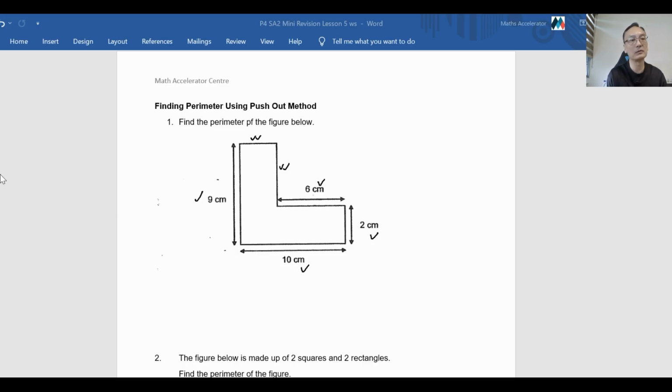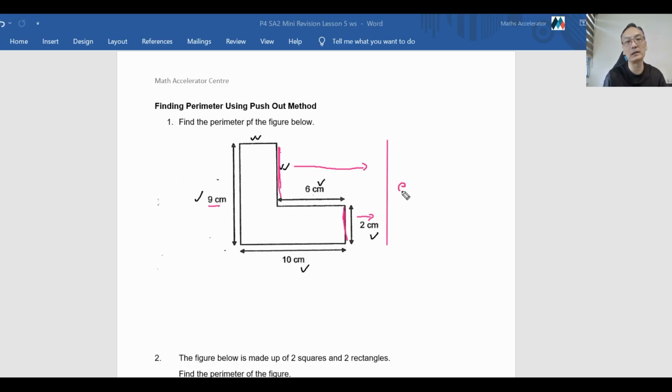So this is what we're talking about. We can push this side and this side to form a combined straight line over here. This straight line will have the same dimension as this line on the left side.